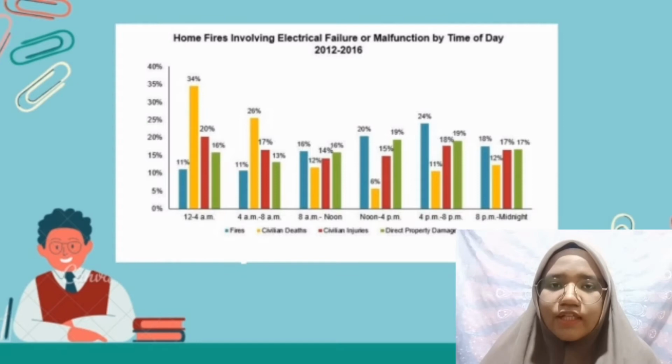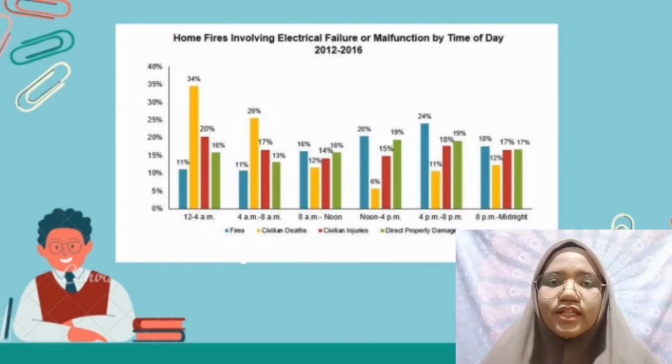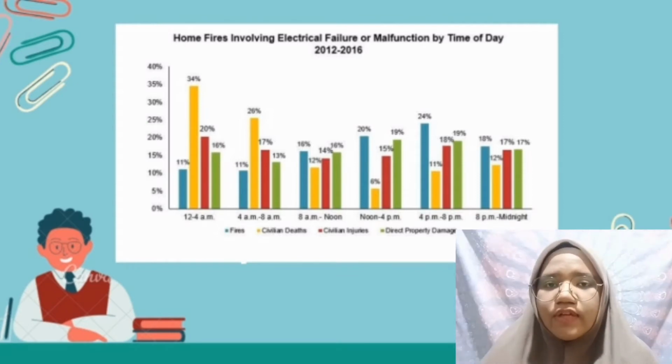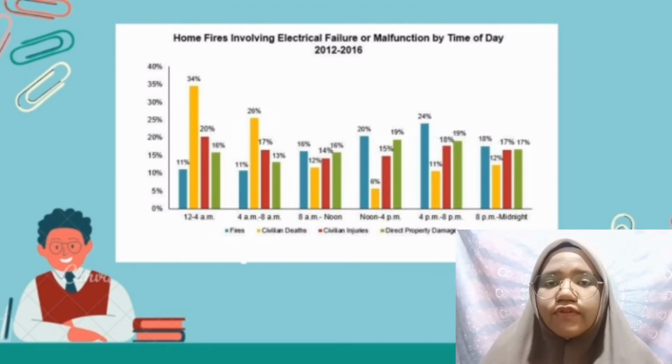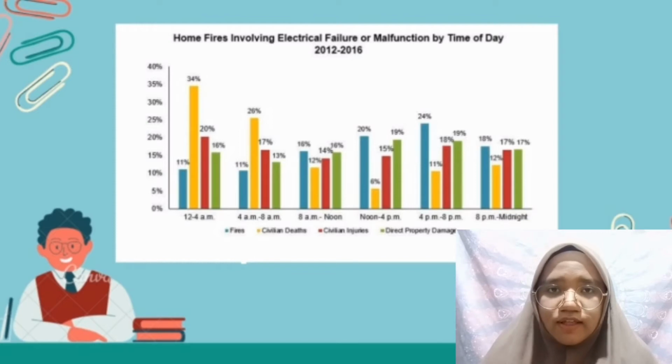In view of this, most of the civilians agree that involved in civilian death, while below 50 involved in fires at 12 to 4 a.m.